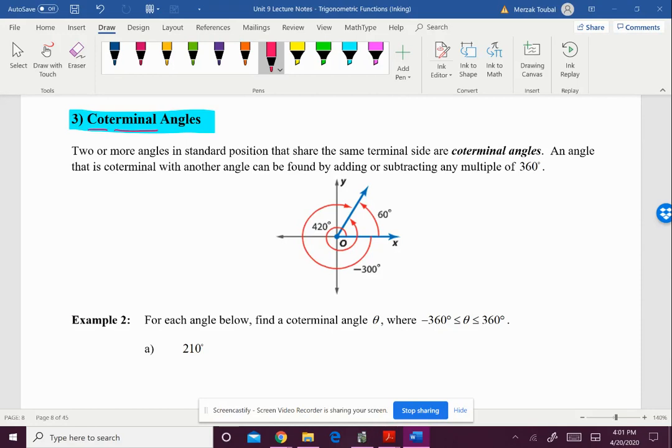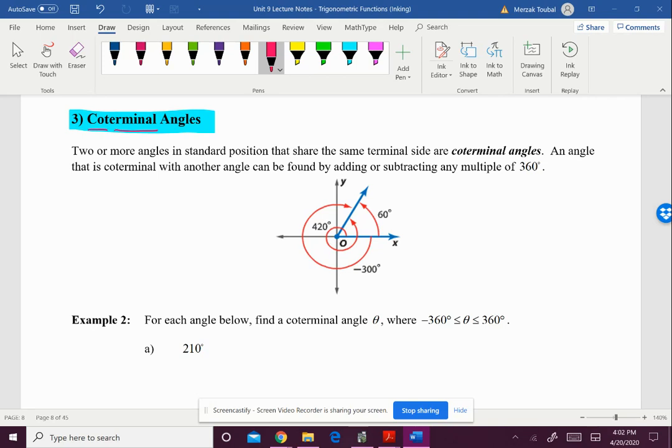Co, we can think of co-workers, cohabitants, colleagues, means they have something in common. Same here, coterminal. It means the terminal side of, let's say, 2, 3, or 4 angles is shared between these angles. So we say those angles are coterminal angles.